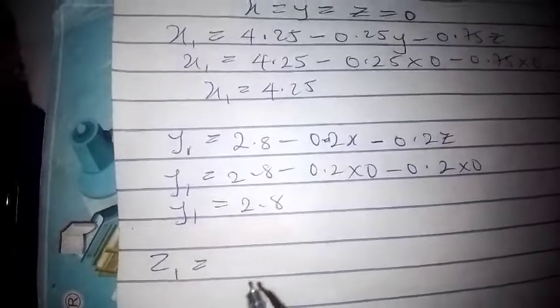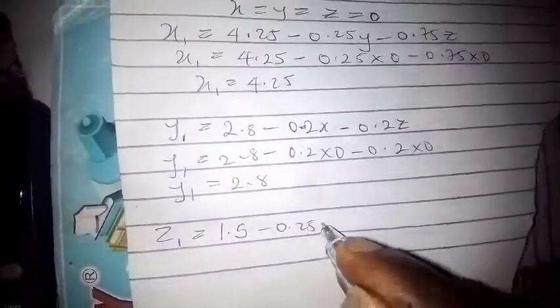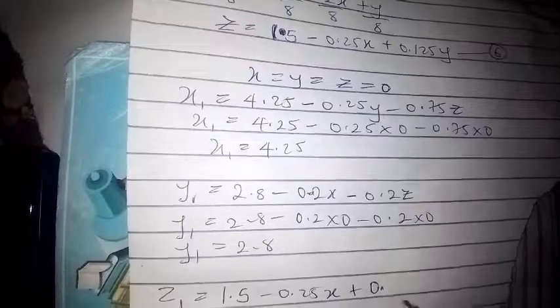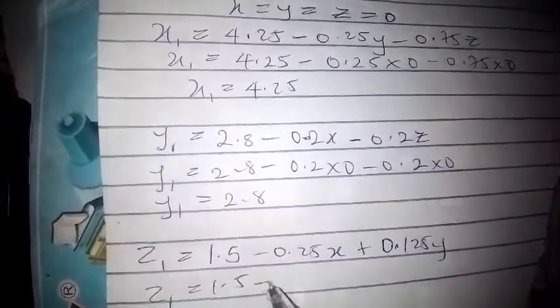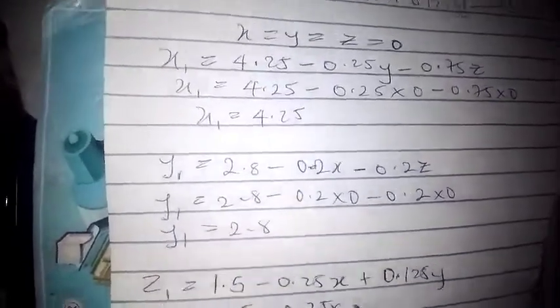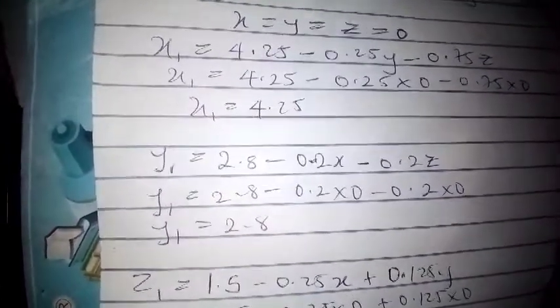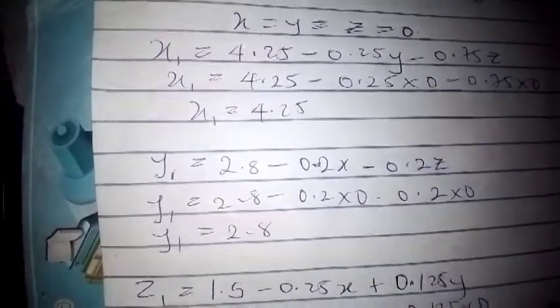So z1 is equal to 1.5 minus 0.25x plus 0.125y. So z1 will be equal to 1.5 minus 0.25 times the initial value of x, not x1, which is 0, plus 0.125 times 0. So z1 will be equal to 1.5.